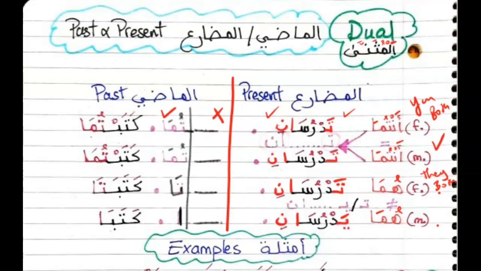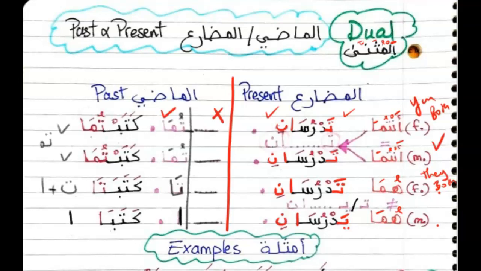It acts as a long vowel. You can see the examples here. Katabtuma, katabtuma, both of them are the same. Katabata, it's different. And kataba, katabata has a ta plus an alif at the end, but kataba only has alif.